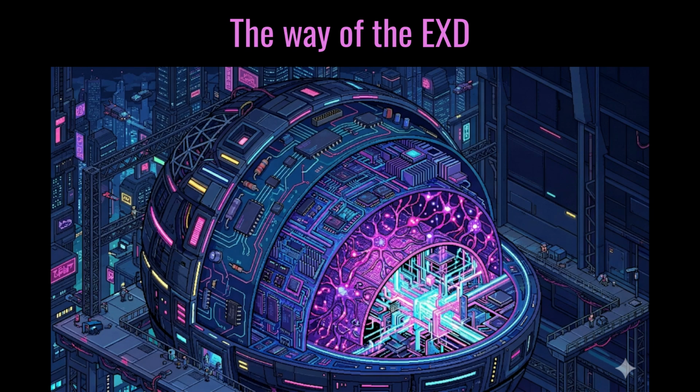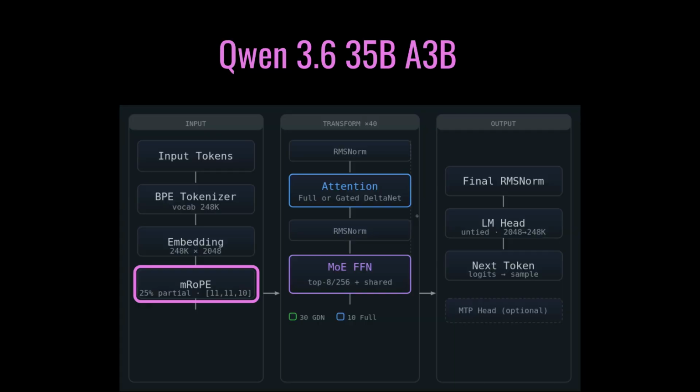So if you're going to learn about mRoPE today, we're going to learn using the actual embedding technique in Qwen 3.6. Let's look at this engine. In the last few episodes, this is what the engine looks like.